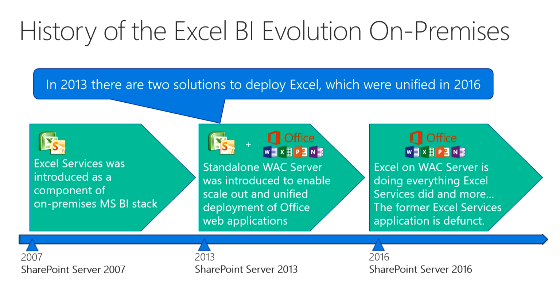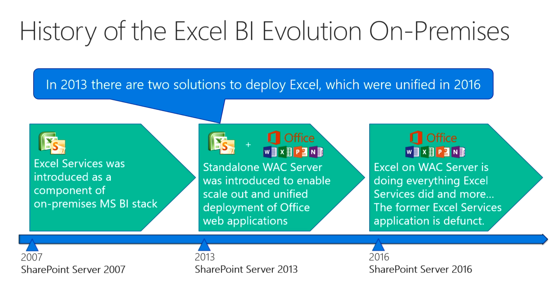If the answer was yes, then the IT people would go and install Excel Services, because Excel Services provided support for all the BI scenarios, while WAC Server didn't provide any support for BI scenarios yet. Obviously, this is not a good practice.